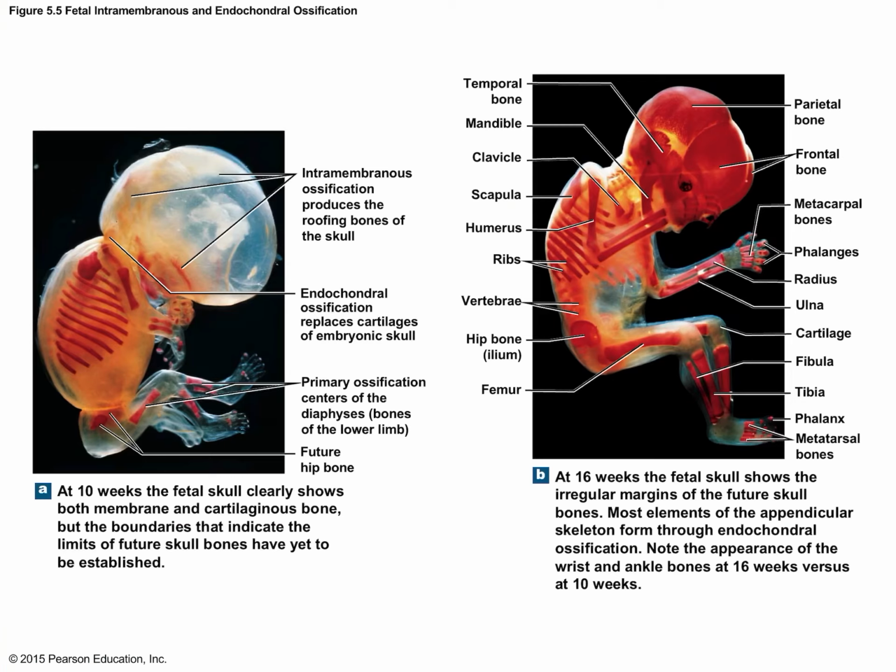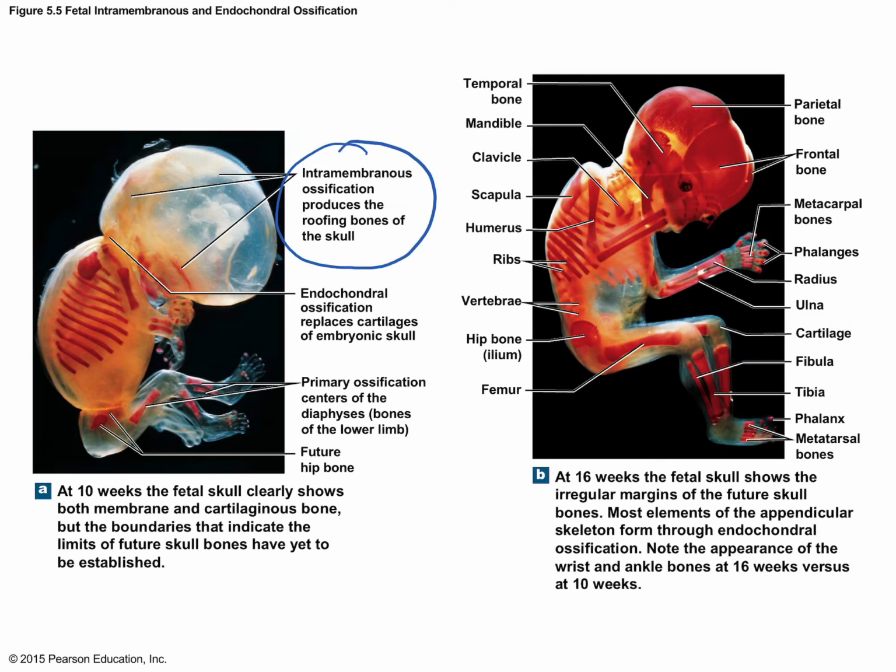So there are 2 ways that bone is created. Number 1, intramembranous ossification, and number 2, endochondral ossification. So kind of a mouthful, but number 1, intramembranous, is going on in the skull. Notice that at 10 weeks, the skull is clear.